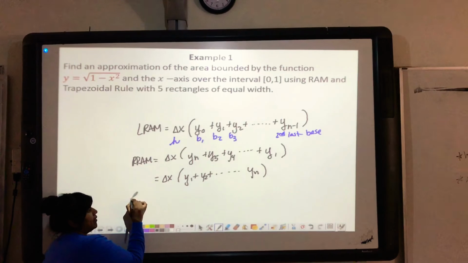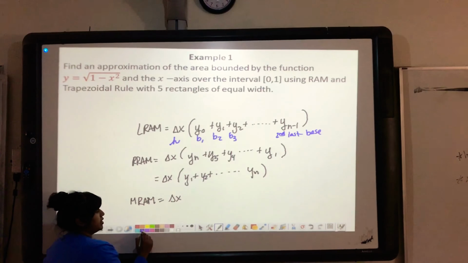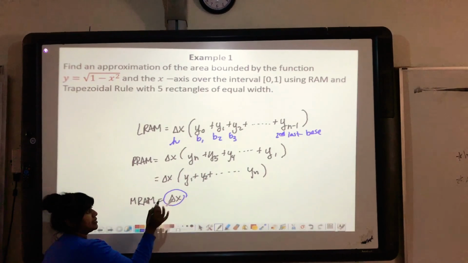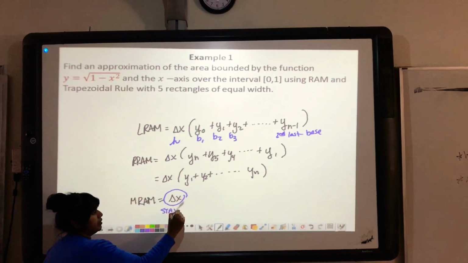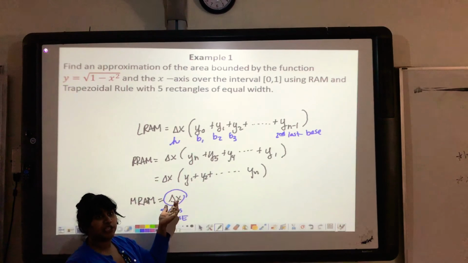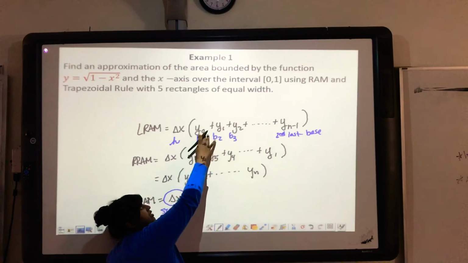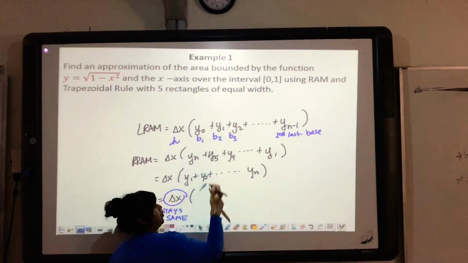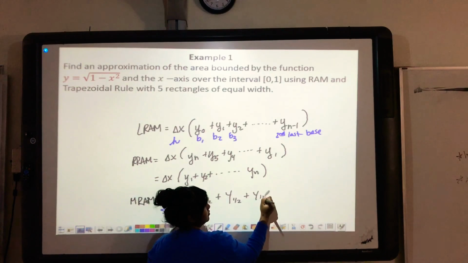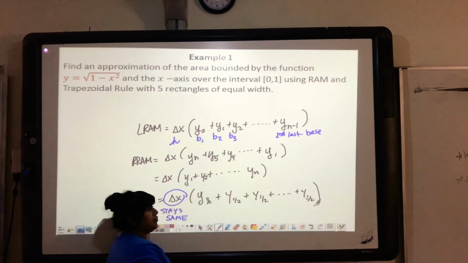The other one we're going to talk about is our midpoint RAM. This is still equal to delta x, and this right here is the hardest part about MRAM: people want to change their delta x, but my delta x stays the same. Hopefully you remember that my delta x won't change for my MRAM just because my midpoints are about to change. Now, instead of using the initial point, the first point and the second point, we're going to use every half value point on our intervals.